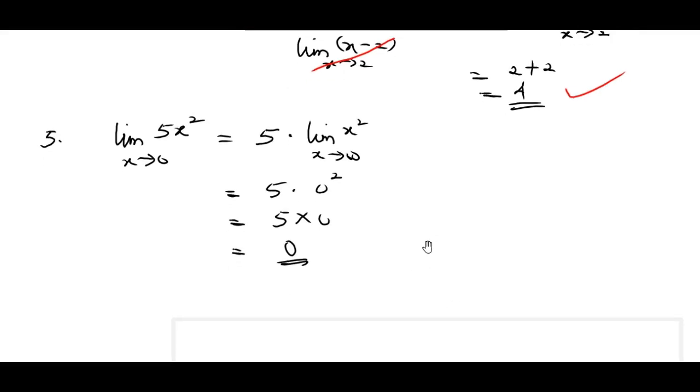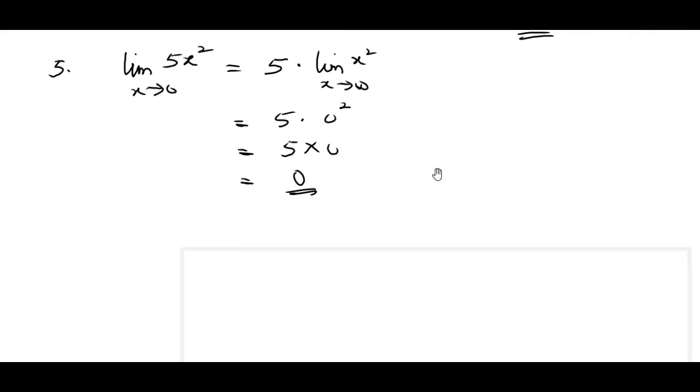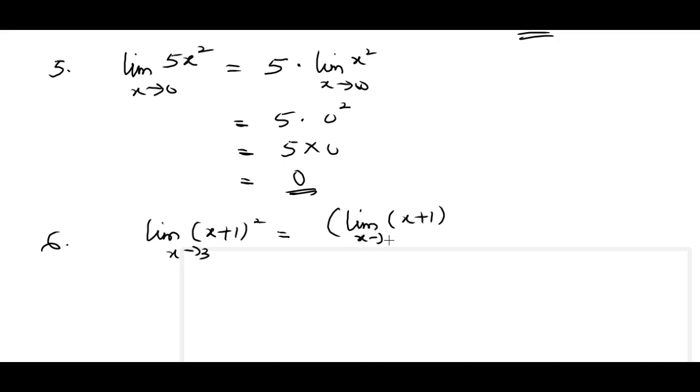So let's check the power law. If we have the limit of x plus 1 all squared as x tends to 3, all right, so it's going to be the limit of x plus 1 as x tends to 3 all squared.